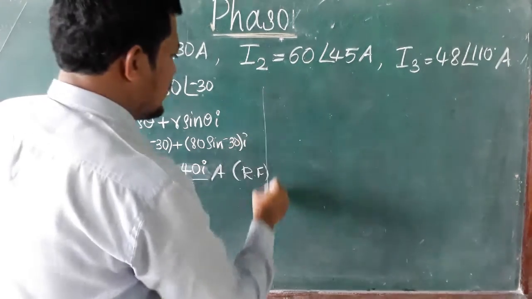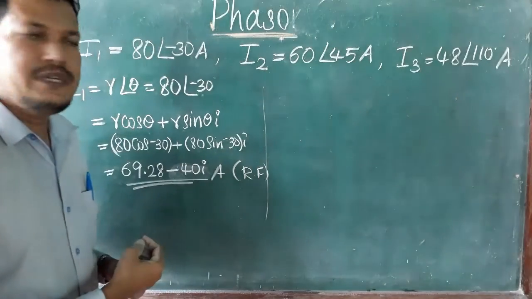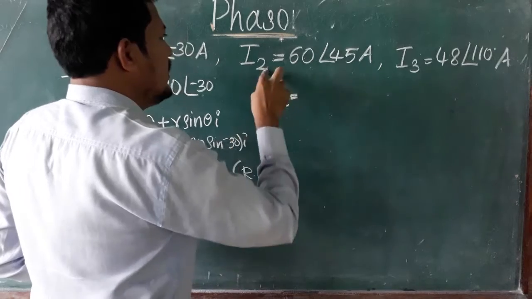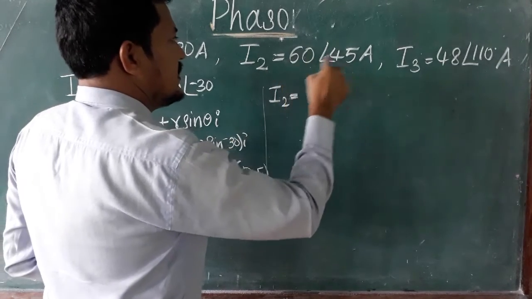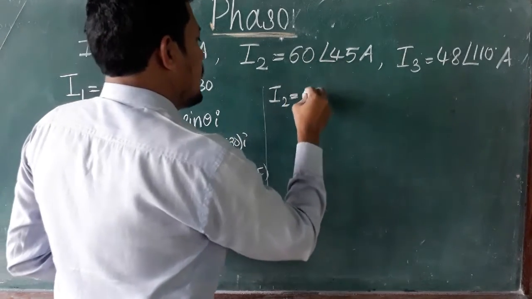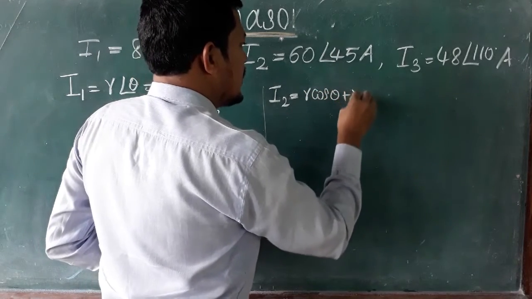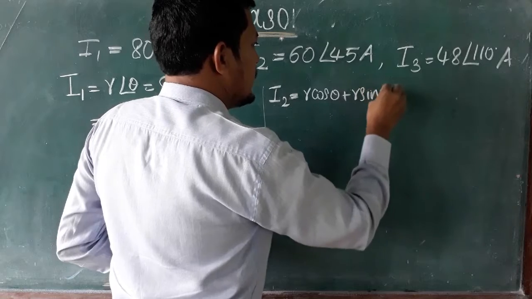So now I am going to convert the second one, I2, into rectangular form. Again R is 60 here, theta is 45. So the real part is R cos theta plus R sin theta i.